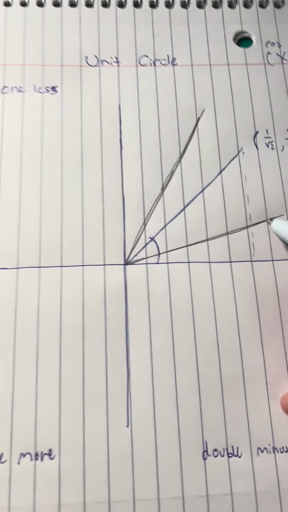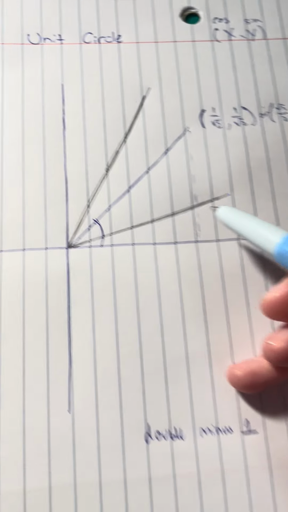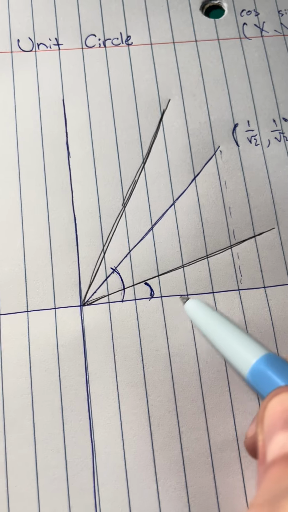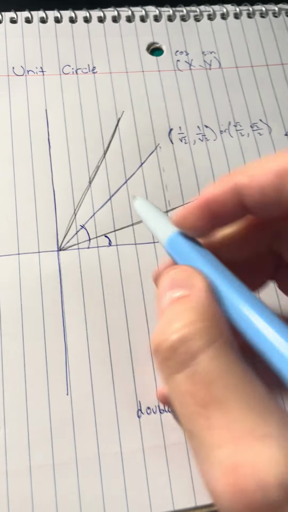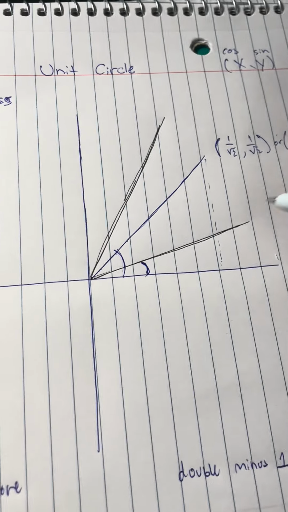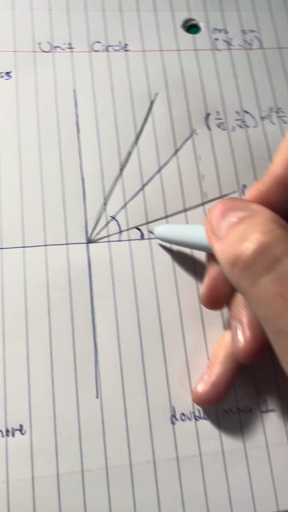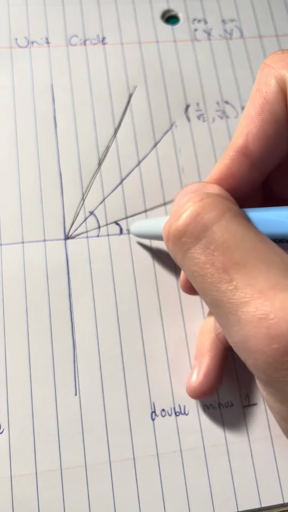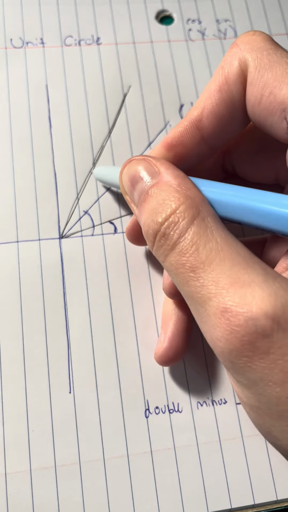Now this first one is going to be 30 degrees, because it's the small angle, so it goes 30, 45, 60.